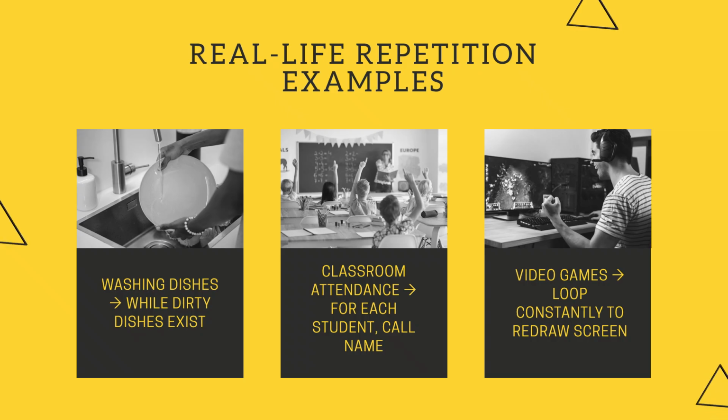That's also an example of a loop. And when you play a video game, the system is looping constantly to redraw the screen, dozens of times every second. So loops make repetition more efficient and more organized, both in real life and in code.